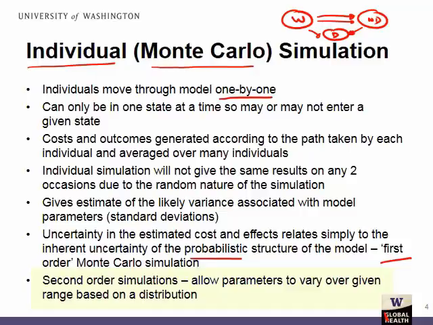So for every parameter, you have a distribution. Maybe it's a cost, and it's normally distributed, and for every run of the model, it picks a cost which might be down here in the distribution or maybe up here. So it goes picking different estimates from the distribution. That's a bit of an introduction to the difference between first-order and second-order simulation.